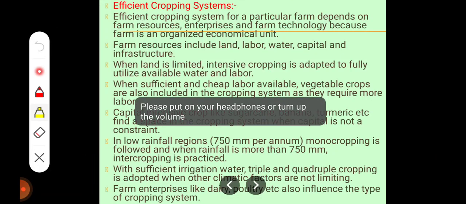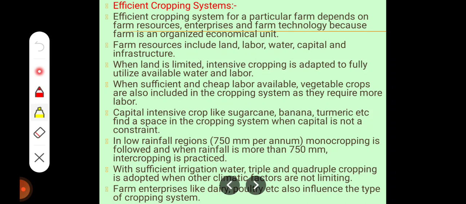In that topic, efficient cropping system means the cropping system for a particular farm depends on farm resources, enterprises, and farm technology, because the farm is an organized economical unit. Farm resources include land, labor, water, capital, and infrastructure.